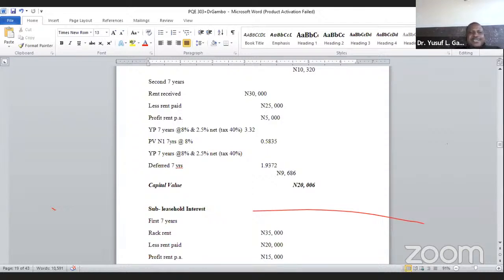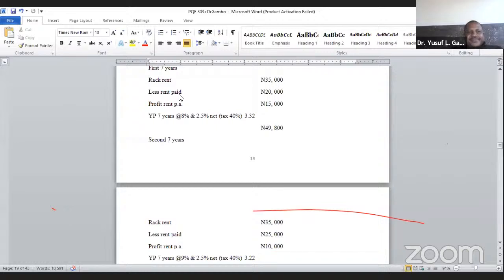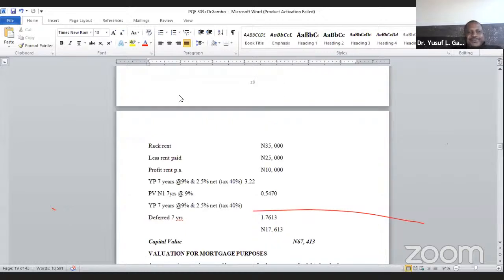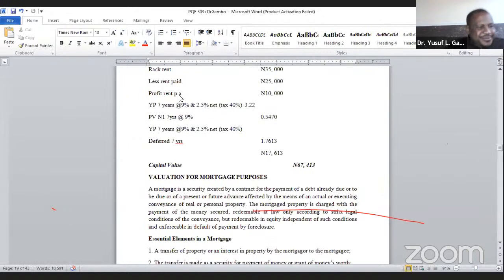Secretary, take my screen up. Yeah, taking it up.